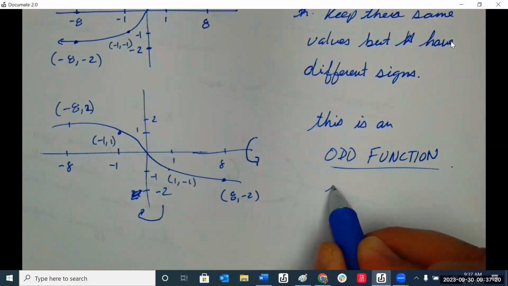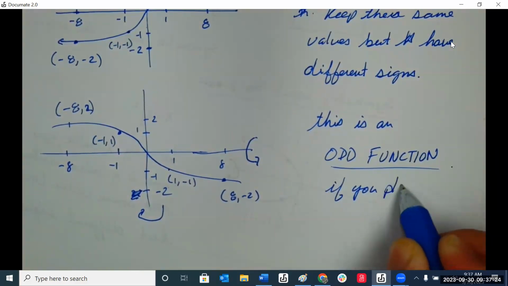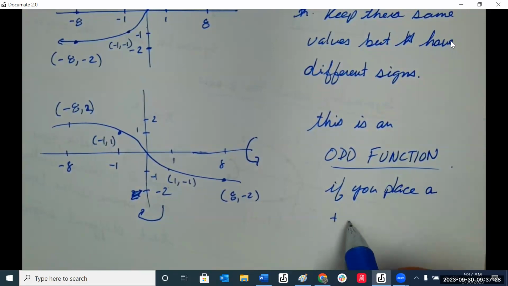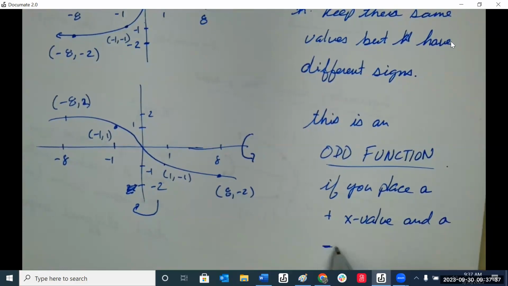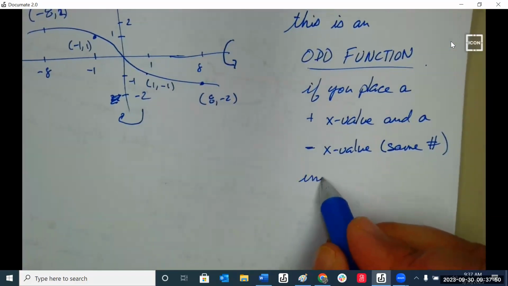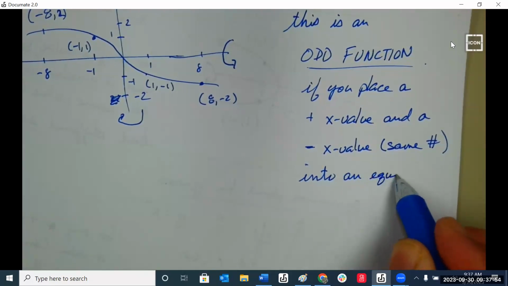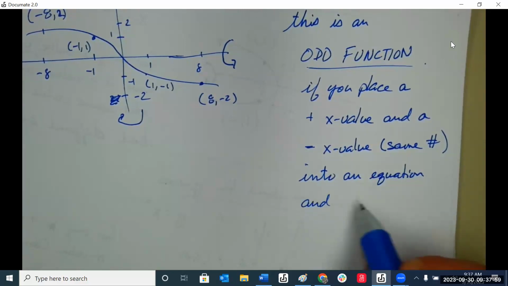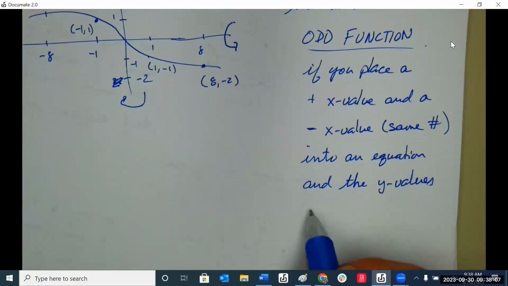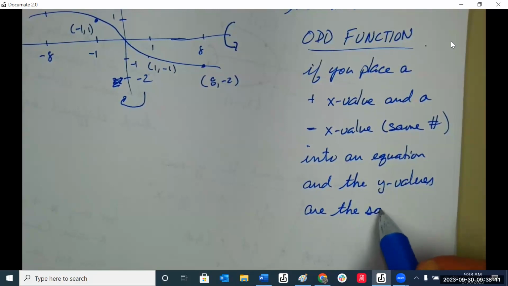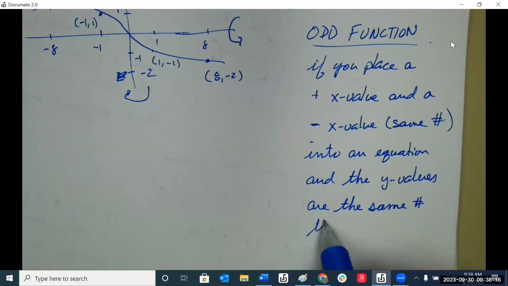An odd function, if you place a positive x value and a negative x value, same number, into an equation, and the y values are the same numbers, but different signs.